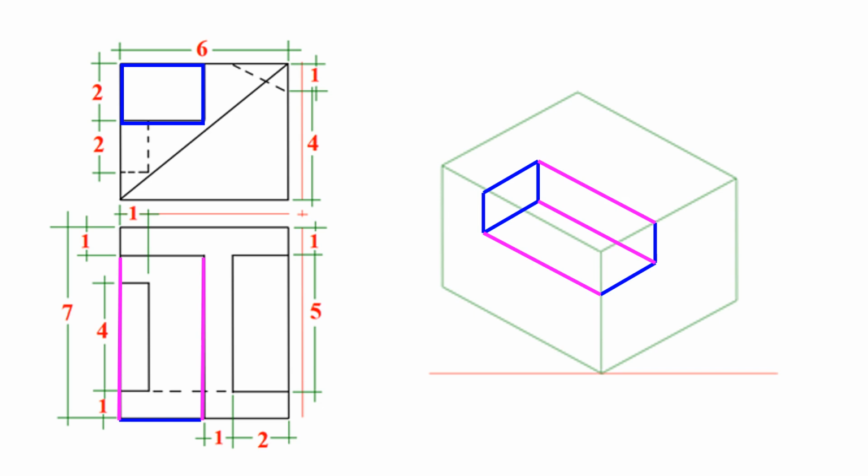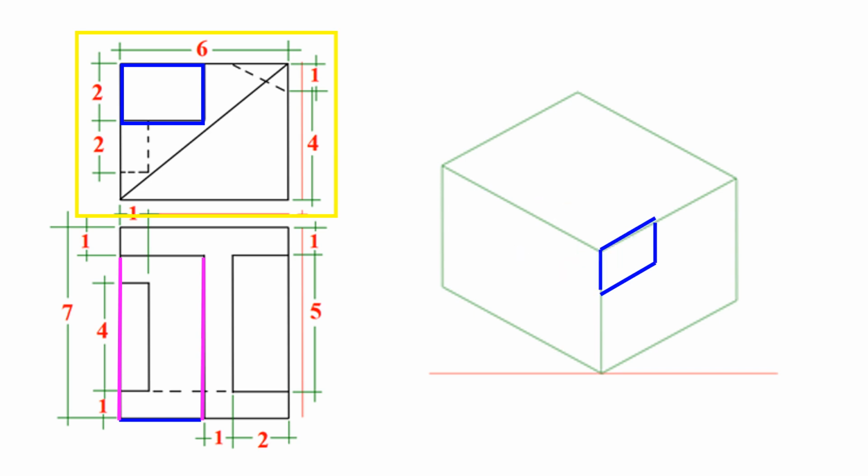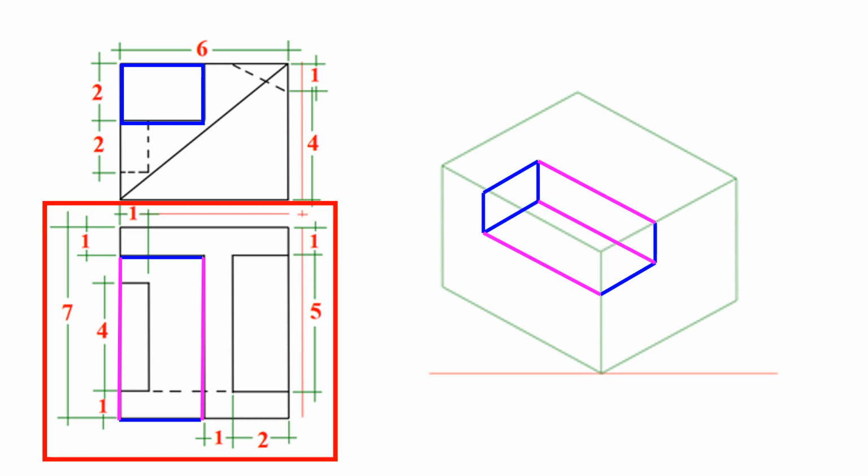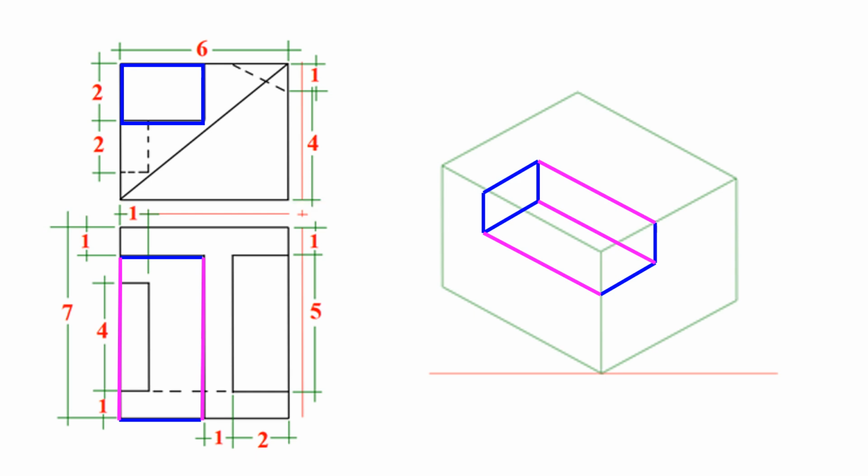In the front view, depth is compressed into a single line, so we can't see it. We have to look at the top view. From the top view, we can see the location and depth of this feature. In this case, the depth value is 6 units.